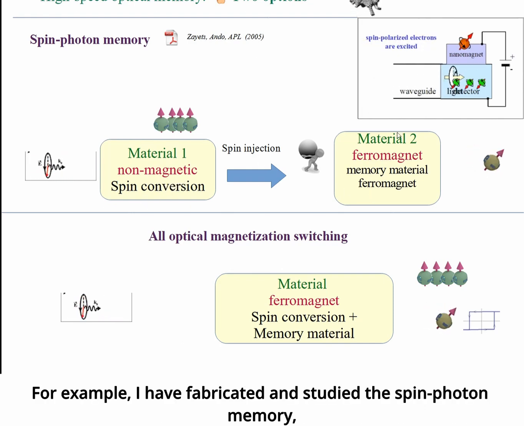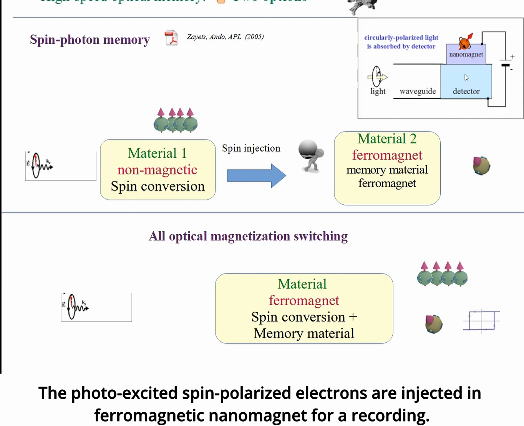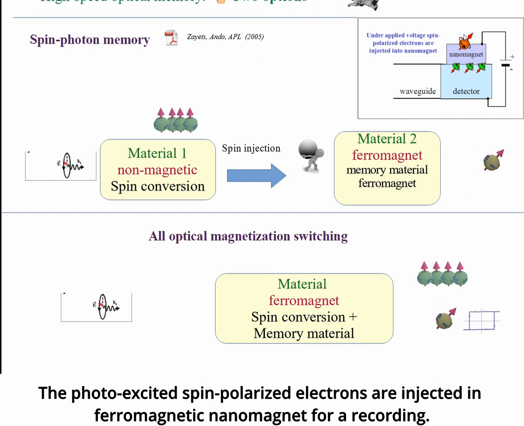For example, I have fabricated and studied a spin-photon memory in which a semiconductor is used as a spin converter. Then the photoexcited spin-polarized electrons are injected into a ferromagnetic nanomagnet for recording.